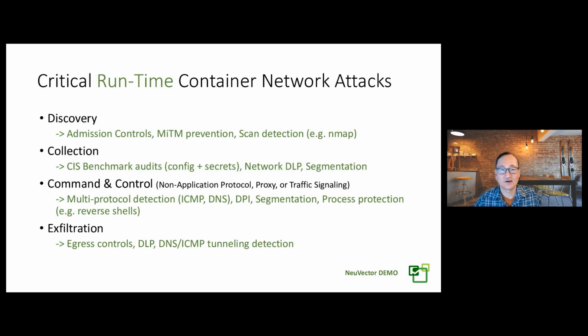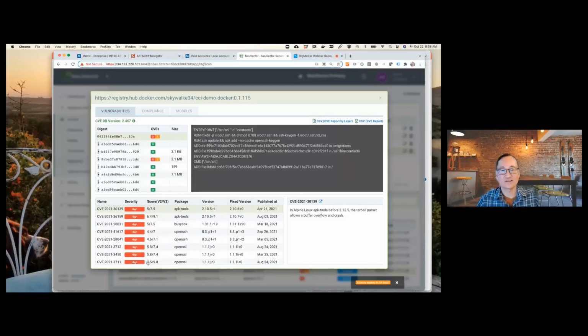This is a view of your containers where you can see vulnerability and compliance information on all your containers, as well as stats about your containers. And this is where you can do the registry scanning that we talked about for your images. We can see any of the scans. We can see all of the different layers of the image and vulnerabilities that exist in each layer.